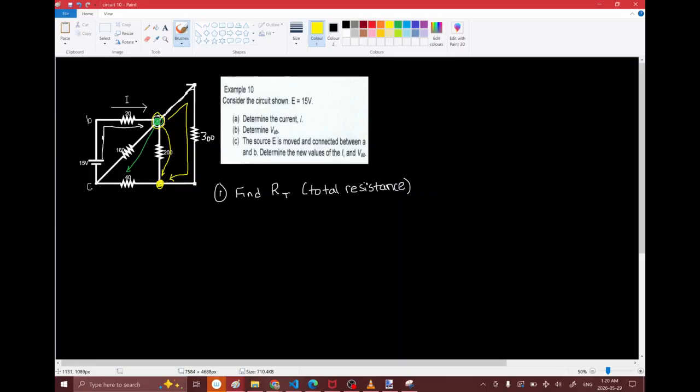So that means that this 200 ohm resistor is actually in parallel with this 300 ohm resistor. So we can replace these two branches with a single branch that has the equivalent resistance. So what we're going to do is get rid of this branch.